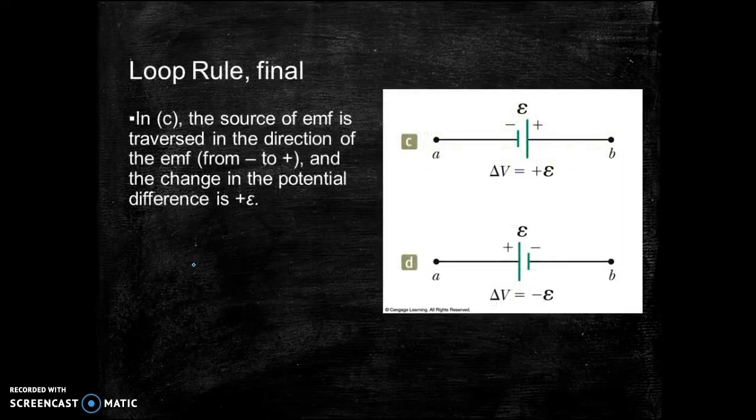Now for EMF sources, when an EMF source is traversed from A to B, such that we're going from low potential to high potential, that's the negative terminal to the positive terminal, we go in the direction of increasing potential. Therefore, the potential difference across the EMF source is plus E, where E is the EMF of the battery.